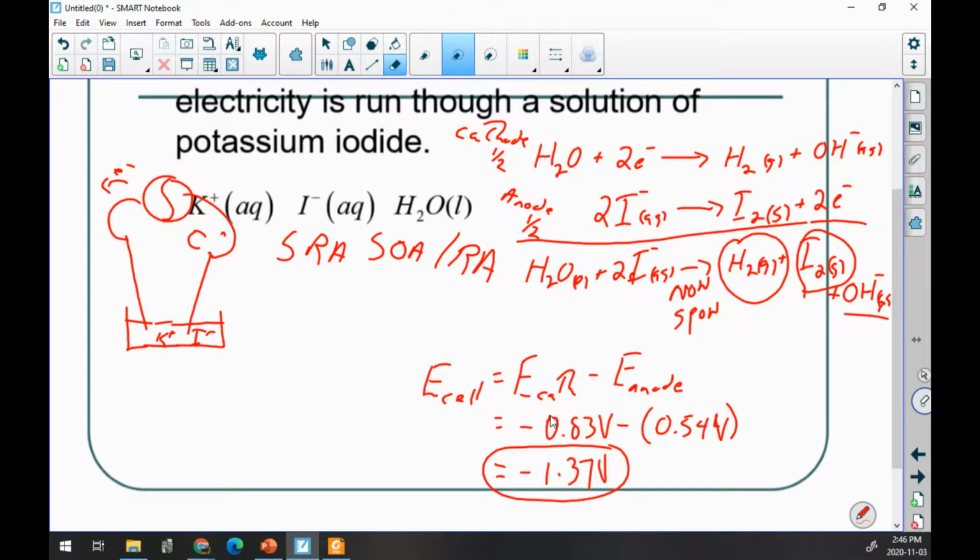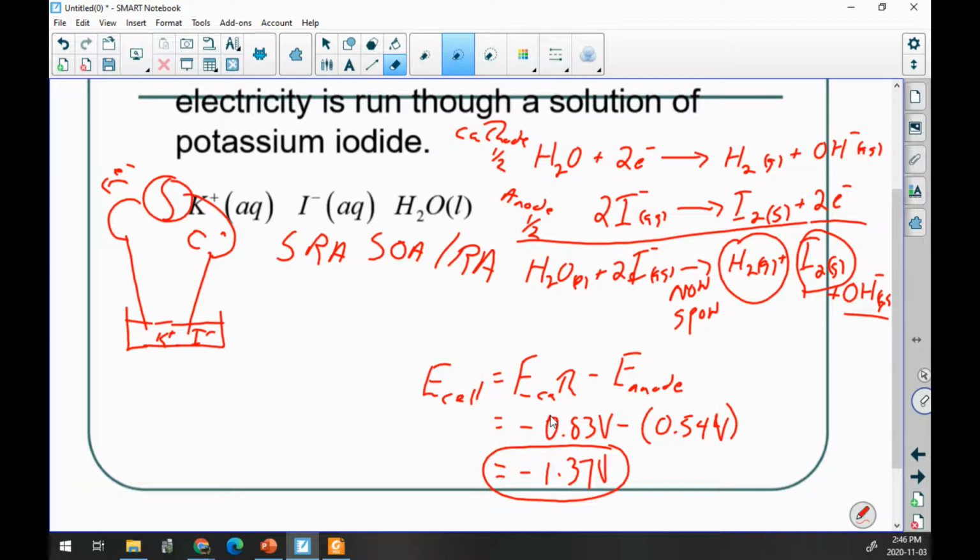Now, terminology that we're going to use for that is the minimum cell voltage, or the minimum voltage that needs to be applied to this system to get the electrons across. If I apply a 1 volt difference to the cathode and the anode, that's not enough energy to force the electrons from the anode to the cathode.